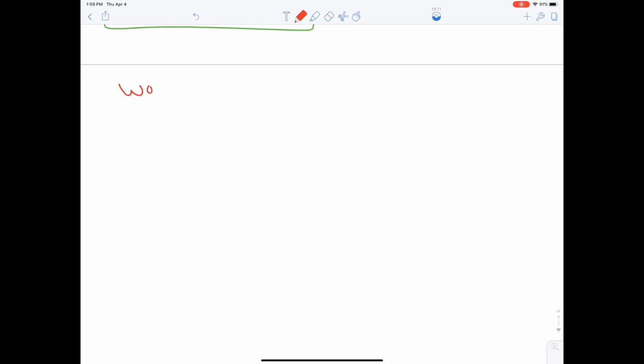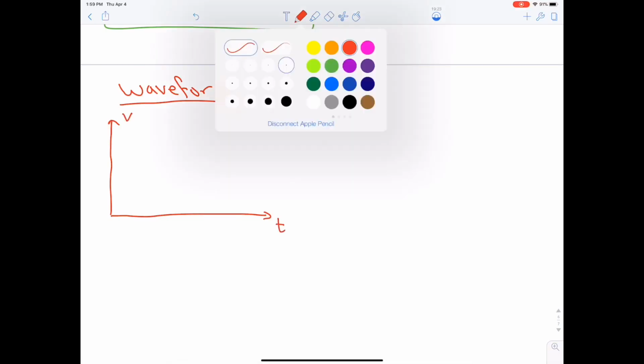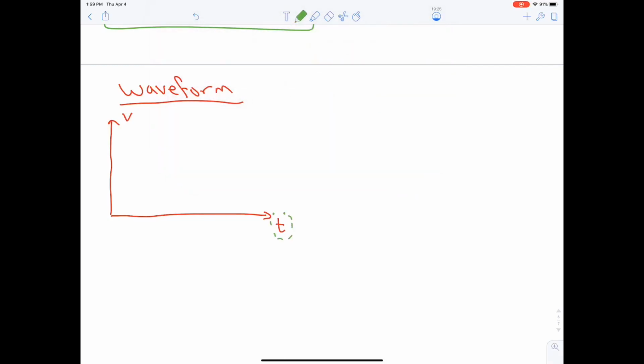A waveform is drawn as follows. It's voltage with respect to time. It's important to put time on the time axis. Now if they ask us to find the output voltage waveform, then we have to put V output on the y-axis. If they ask us to draw the output current waveform, then we have to put I output on the y-axis.